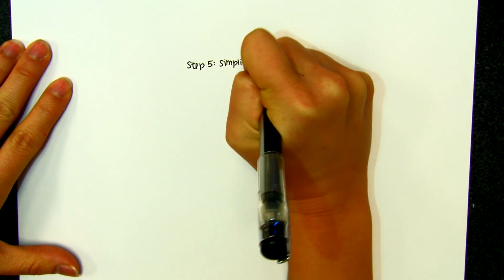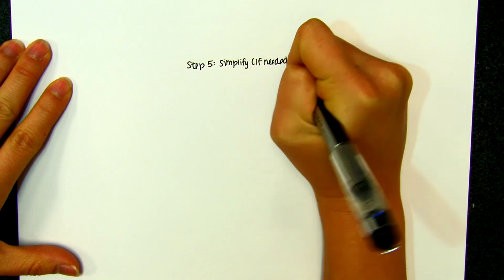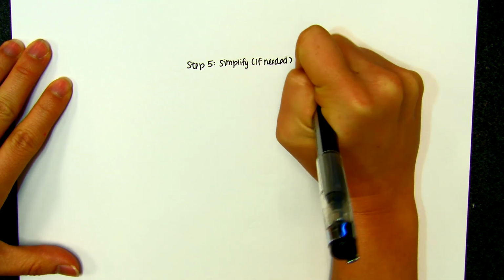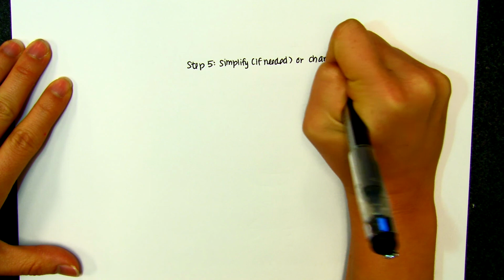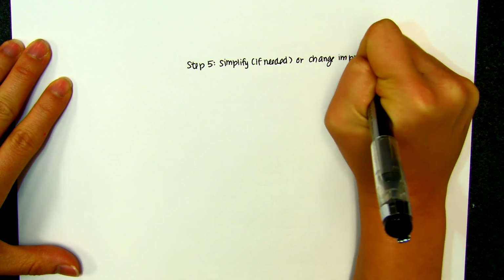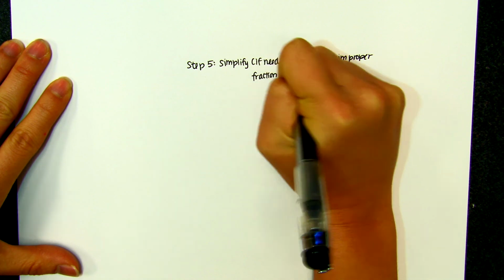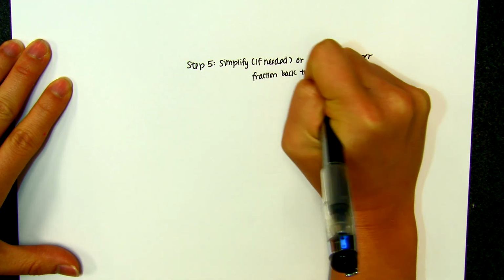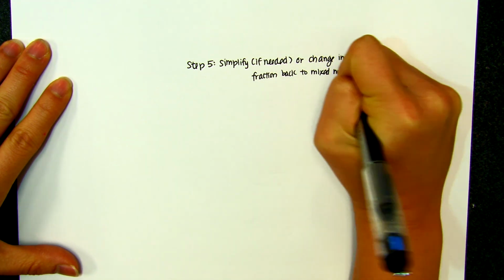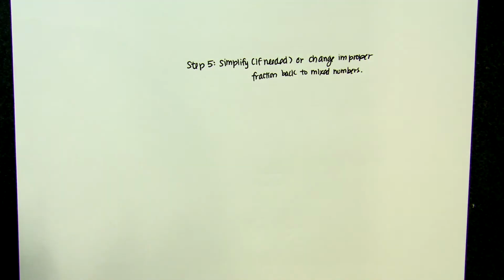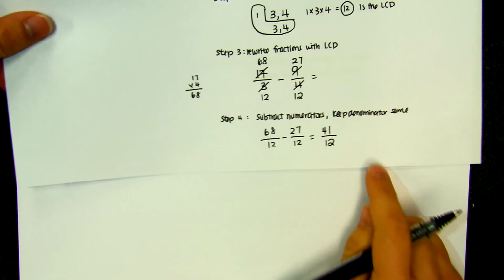If needed. Simplify also sometimes means change improper fractions back to mixed numbers. If it doesn't specify, you can actually keep this as 41 over 12 as long as it's simplified.